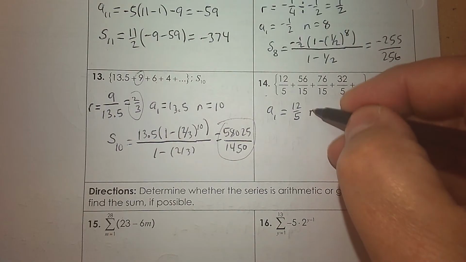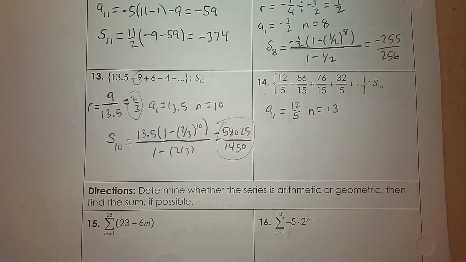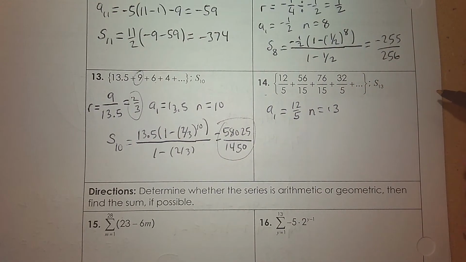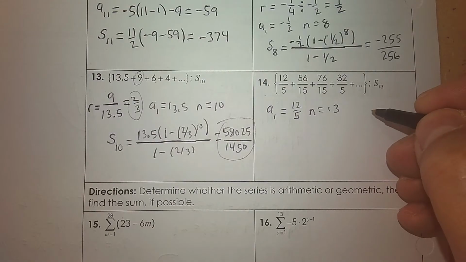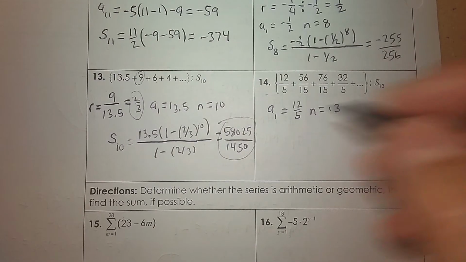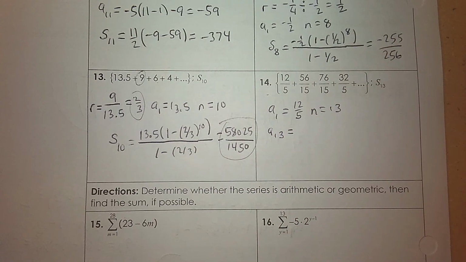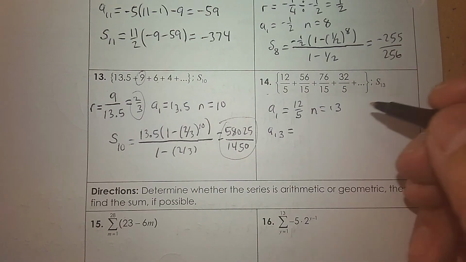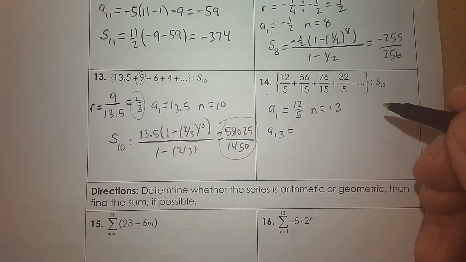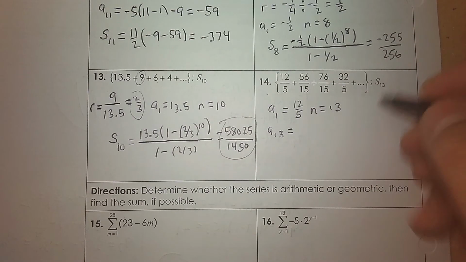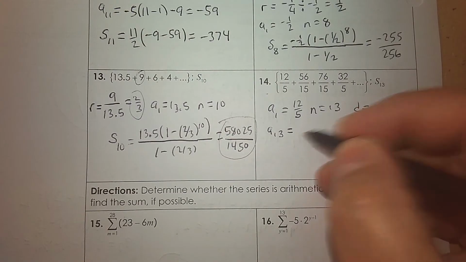So we have 13 terms. What else do I need to know? So do I know it now? No. So how do I find the 13th term? What is it? So you have to find the common difference to find the 13th term?